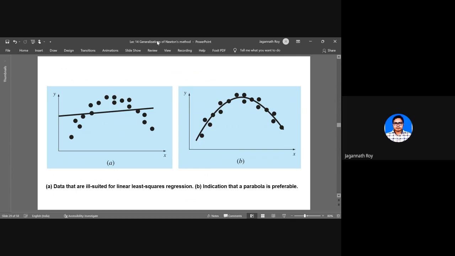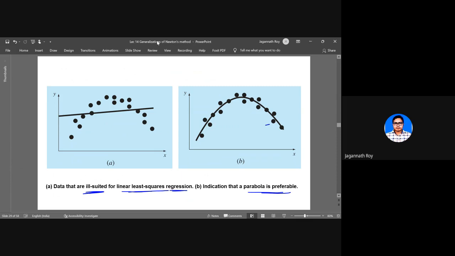So this linear least squares, this regression, is actually not well suited. This is very ill suited. But a parabola can be more preferable for this type of data.